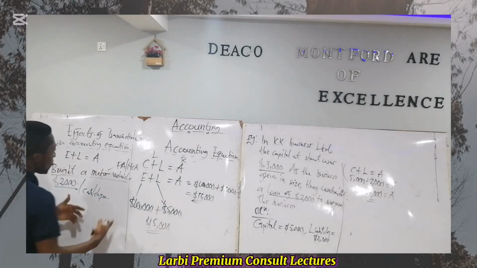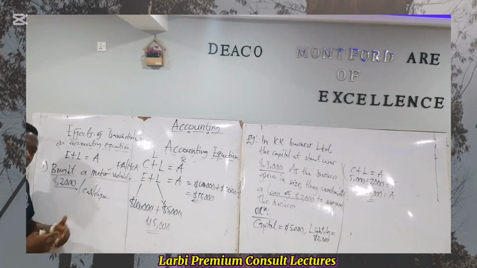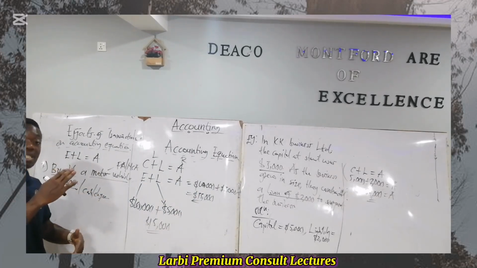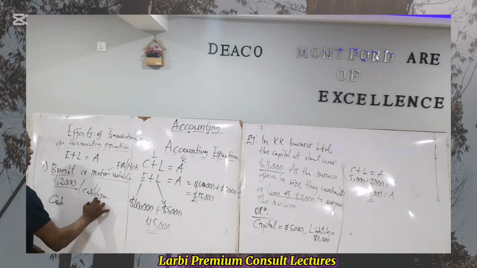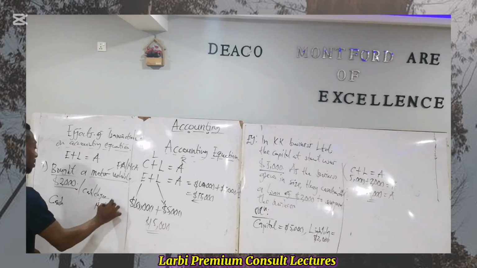In respect to effect, we are also going to talk about it in terms of increase and decrease. So we bought a motor vehicle worth $2,000. What is the effect of that motor vehicle on fixed assets or the non-current assets and that of the cash or check? So that means that here we'll have cash and we'll have the non-current assets, or the assets generally.